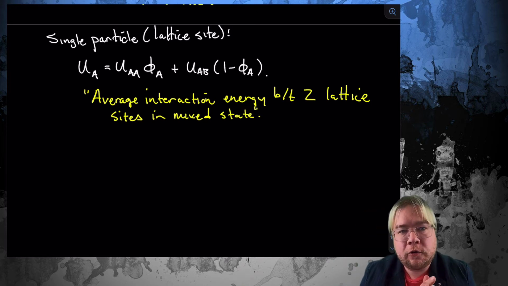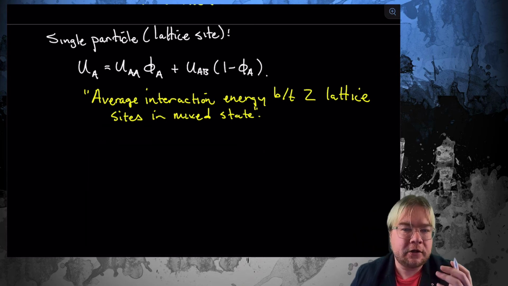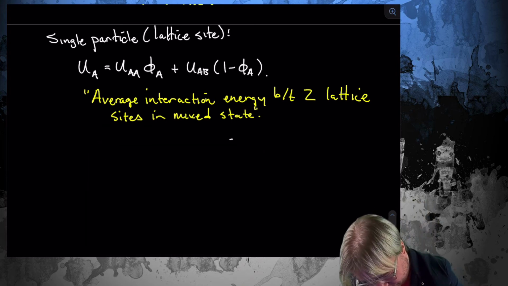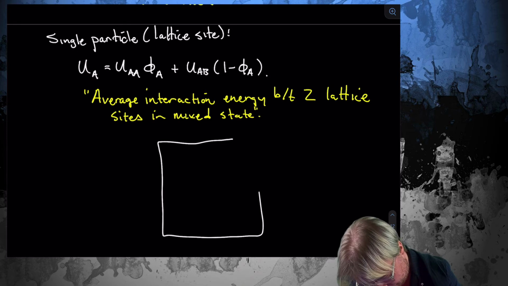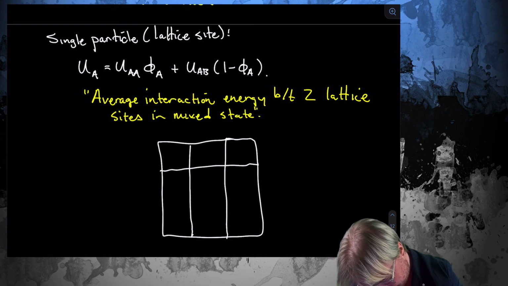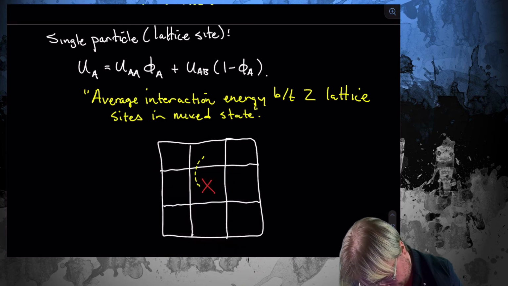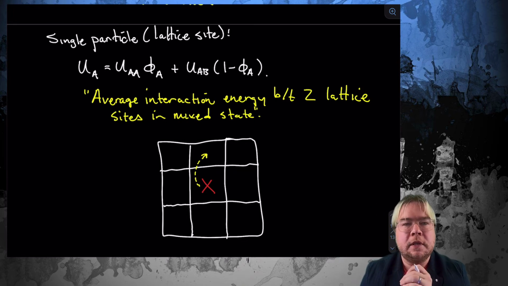All right, so let me draw a picture of what this kind of represents. I'm going to draw another lattice. This UA is going to be the average interaction energy of a certain particle here with, for example, another lattice site here.